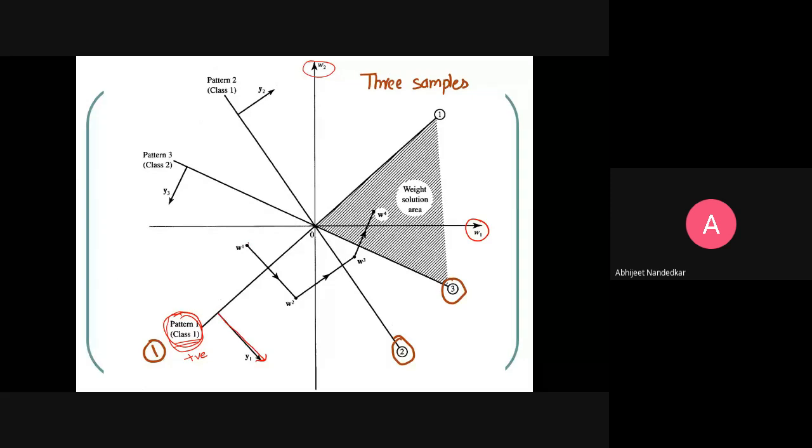Now initial weight, so this is W1, which is initial weight. So I have randomly assumed that my weight will stand here. I don't know what is solution. So whenever I start my neural network, I start with random assumptions of weight.